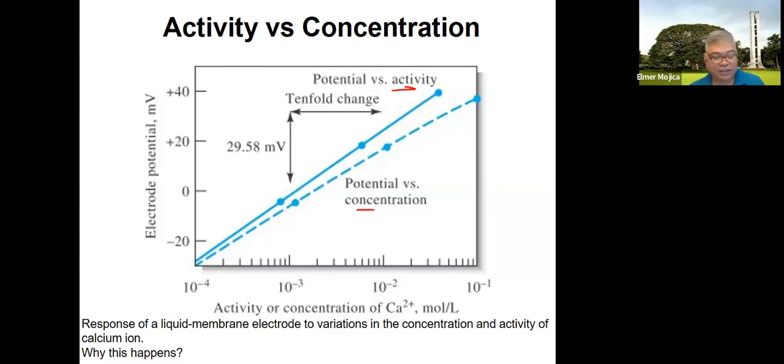Why do you think there's a difference between them? Anyone want to guess? So what they're looking at here is activity and concentration. As you increase the activity or concentration, they have this potential. But the one that is linear is what? The activity.